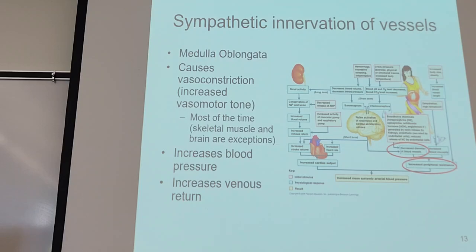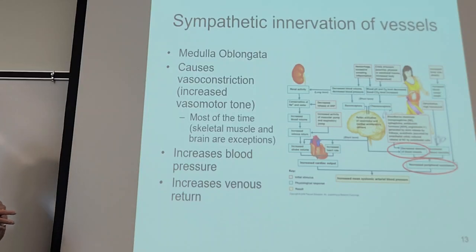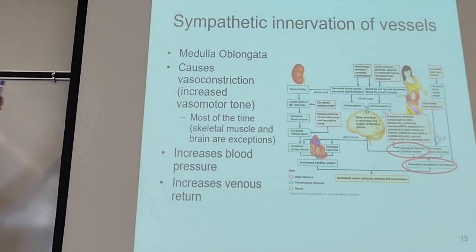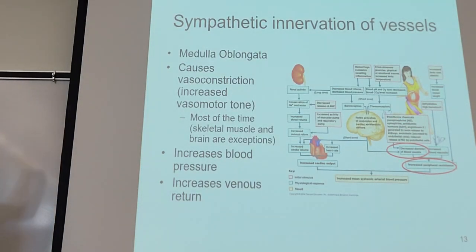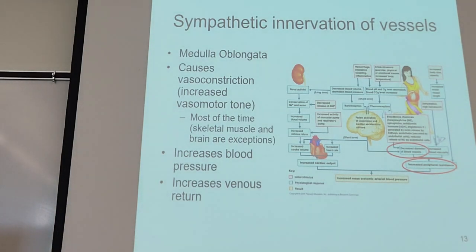If there's not enough blood pressure, the sympathetic nervous system gets triggered to increase your heart rate. The medulla, like we said yesterday, is in control of your heart rate. So if blood pressure starts to go down, that triggers your medulla to tell your heart, hey, beat faster. We don't have enough pressure. We need more pressure. Okay?